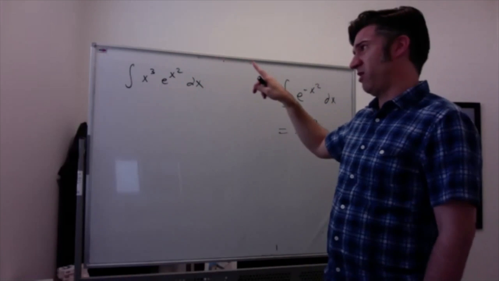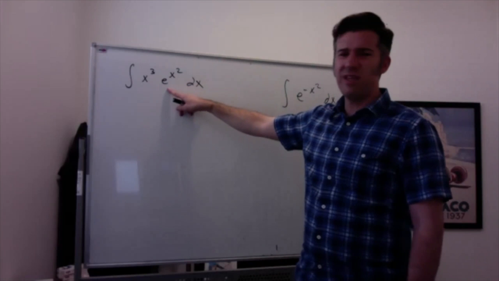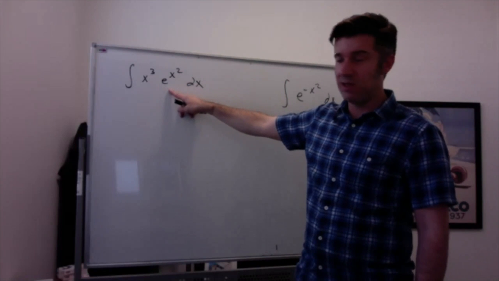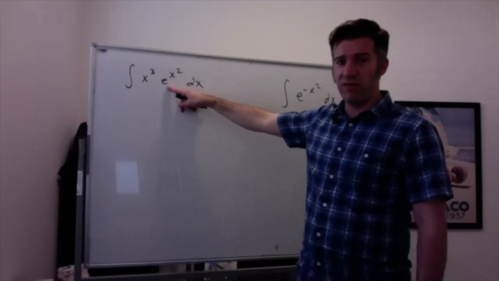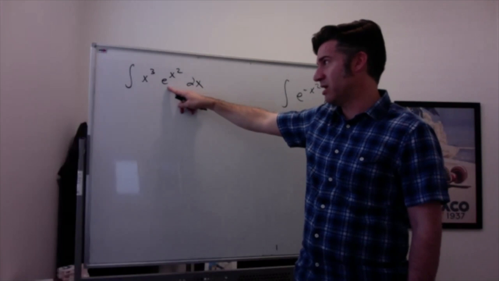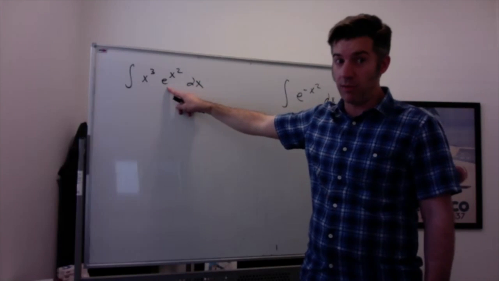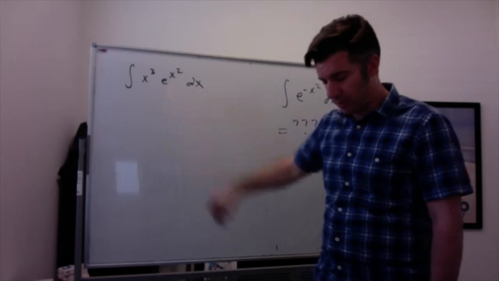I could try letting u equal this, but that seems like a poor choice, because the derivative is going to be e to the x squared times 2x. Seems like you're going to make things just more complicated, so that seems like the wrong way to go.